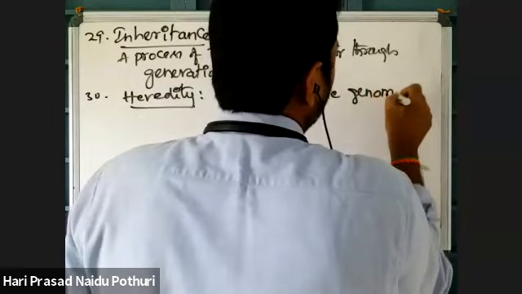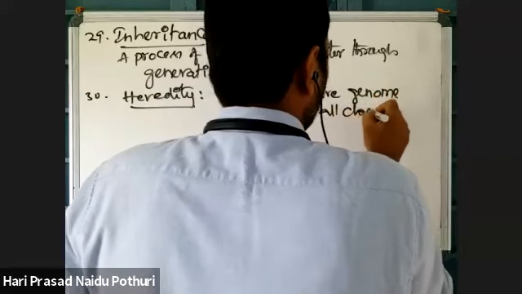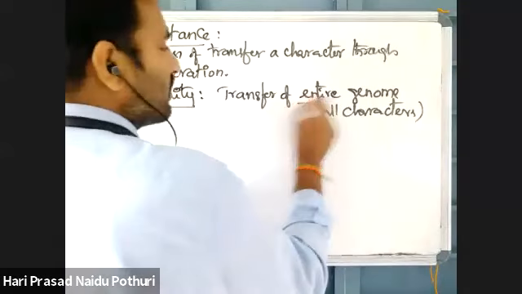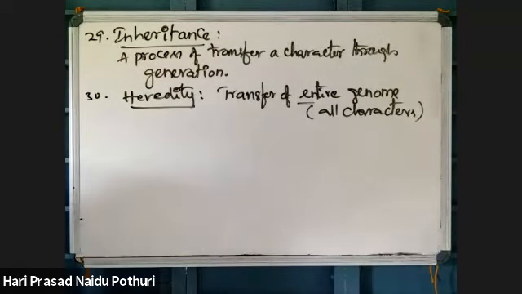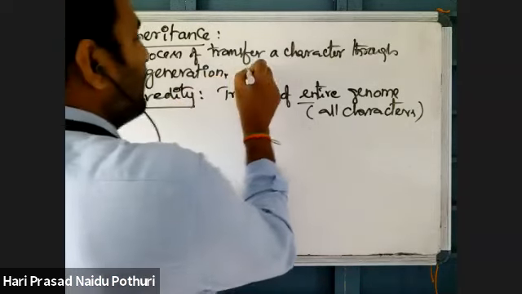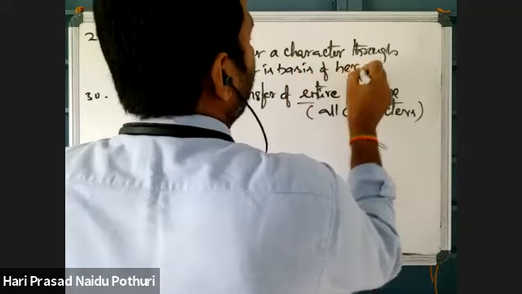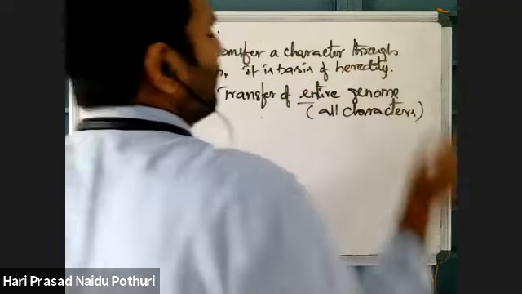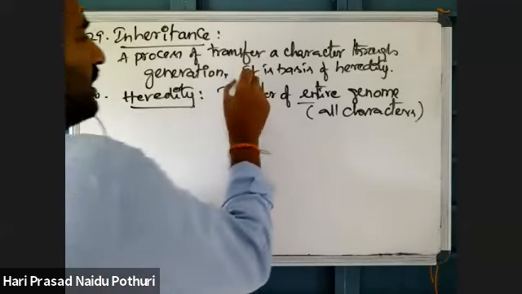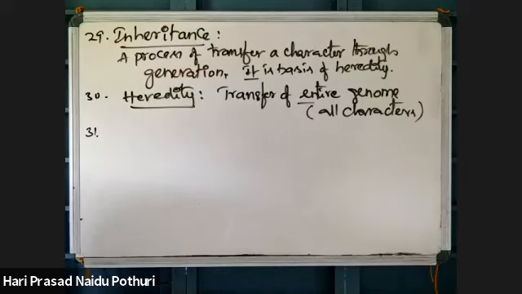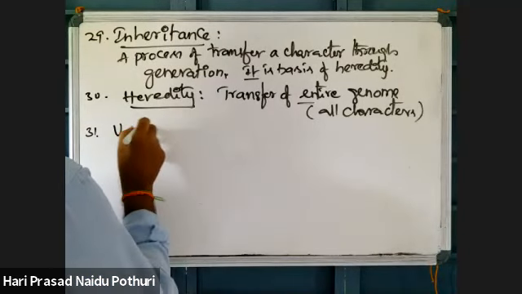Entire genome means all characters. If all characters are inherited from parents to progeny, that is called as heredity. That means inheritance is the basis of heredity. Individual inheritances all combined, then we can totally call it heredity.